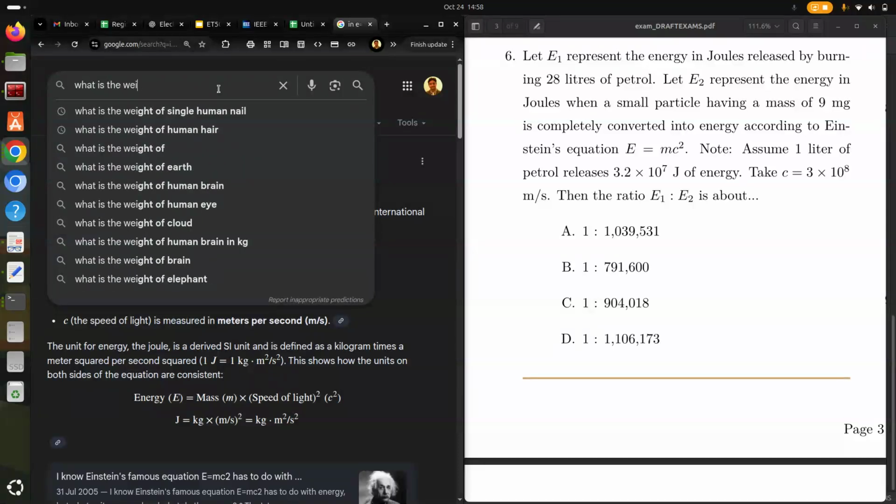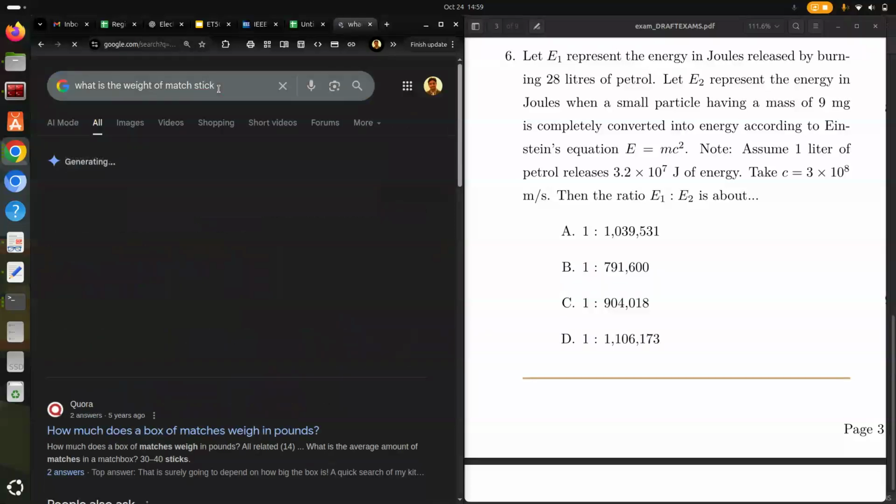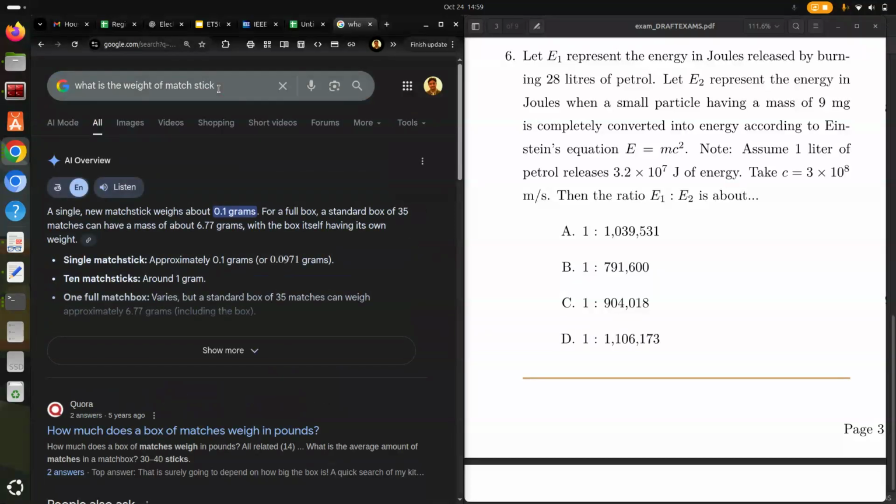Okay, so we'll ask, what is the weight of a matchstick? So about 0.1 gram. A standard box of 35 matches can have a mass of about 6.77. Okay, so 0.1 gram.